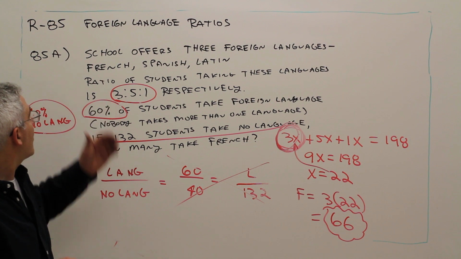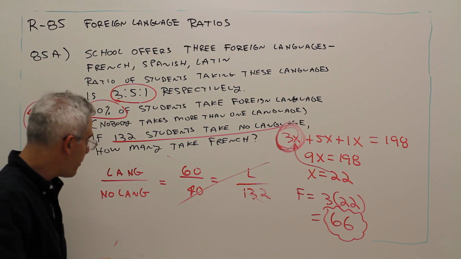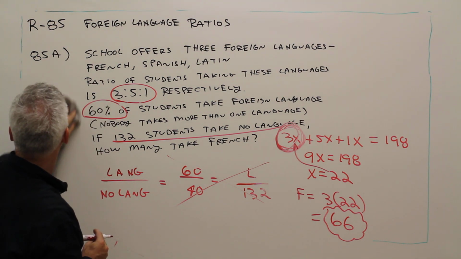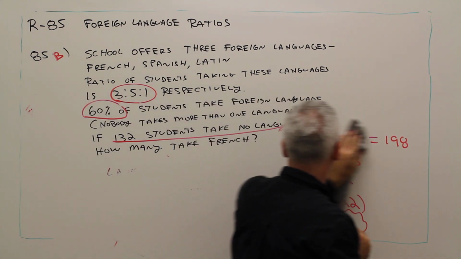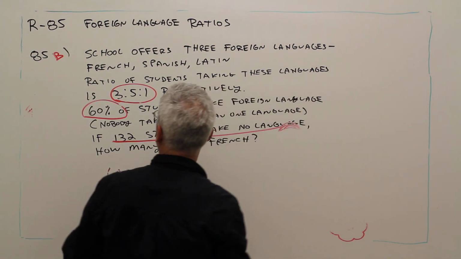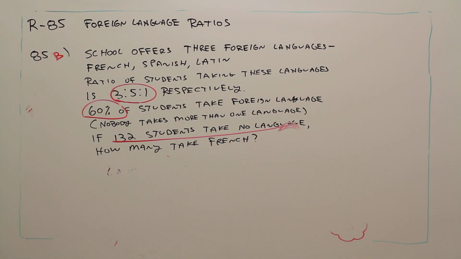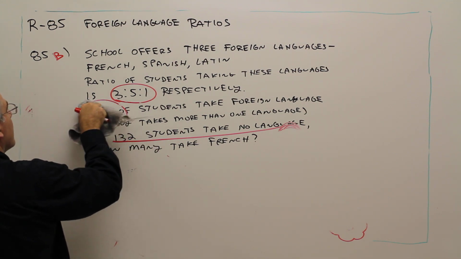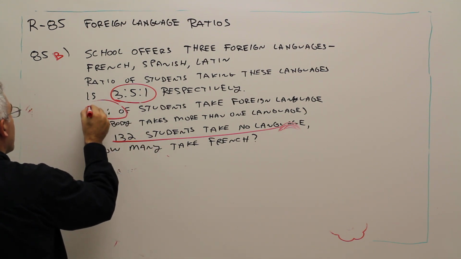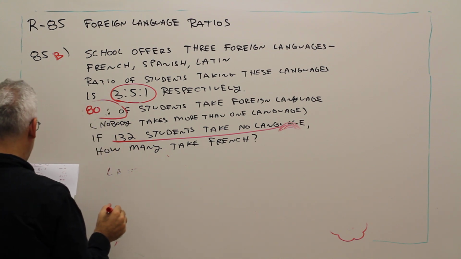All right, I'll change the problem slightly. We'll call it part B. And you could work it out and see how you do. So I'll just change a few values. Let's change it to 80% take a foreign language.